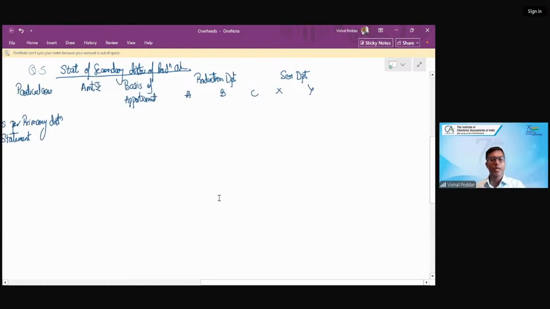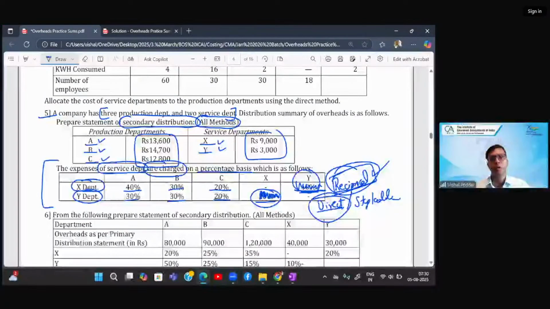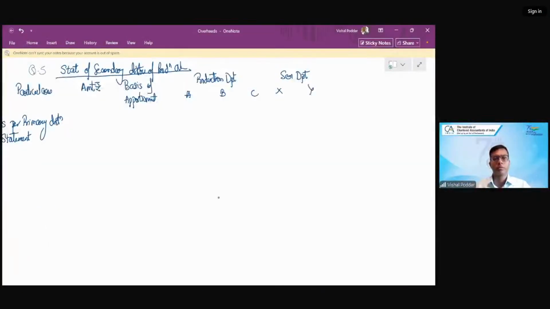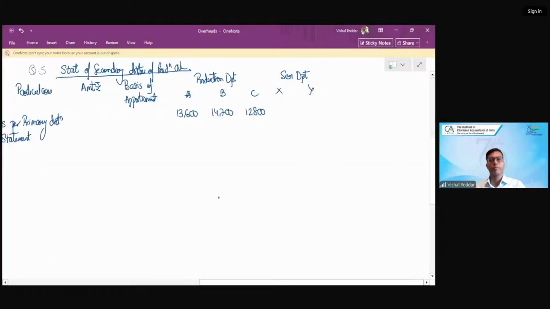How will it start? I'll put the total overheads of each of the departments which I have got by the primary step. So 13,600, 14,700, 12,800. Correct? And 9 and 3. First step is to put down the totals.